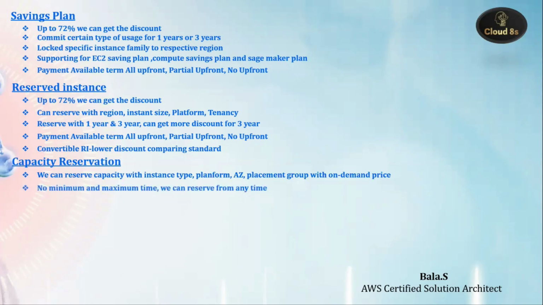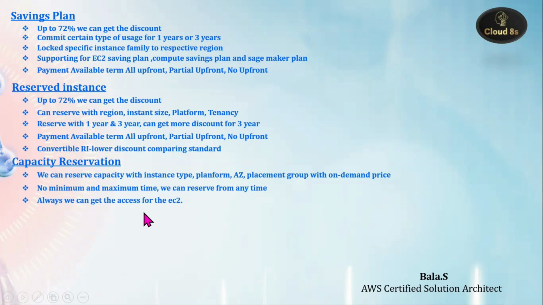Basically, in the reserved instance, we need to choose a minimum of 1 year or 3 years. It is mandatory. Here, there is no limitation on the capacity reservation. We can choose no minimum and no maximum time. We can reserve at any time, and we can always get the EC2 instance when we are reserving the capacity.